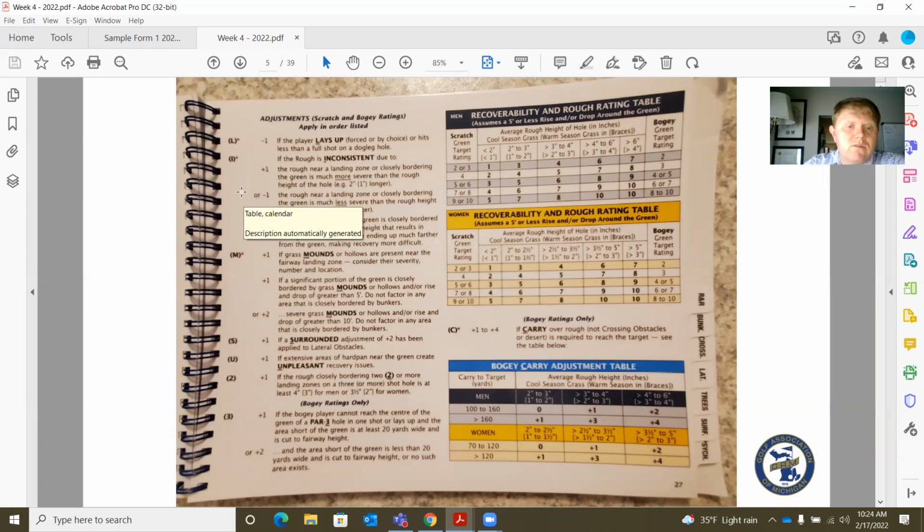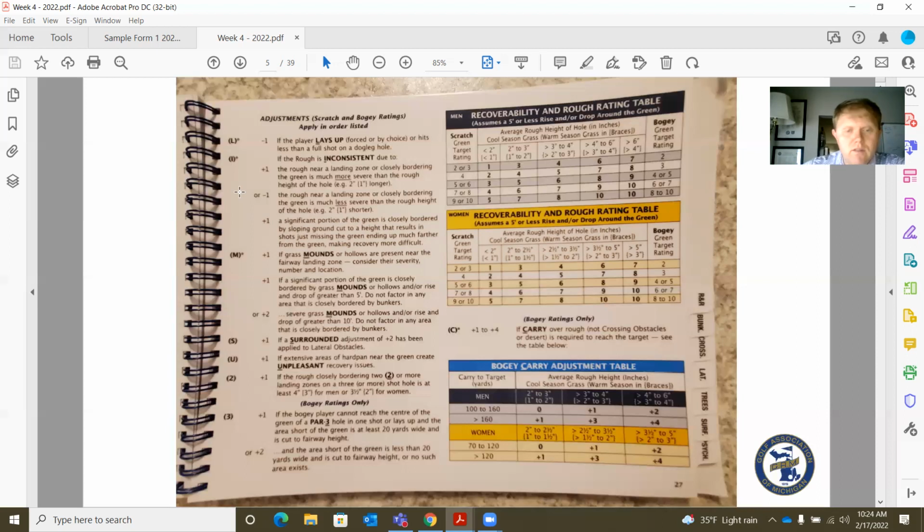So the -1 is where the rough near a landing zone or closely bordering the green is much less severe than the rough height of the hole. So we've seen a lot of courses go to this lately around the greens. They're clearing out some of the areas near the green and making them a lot more playable, where golfers can recover a lot easier.